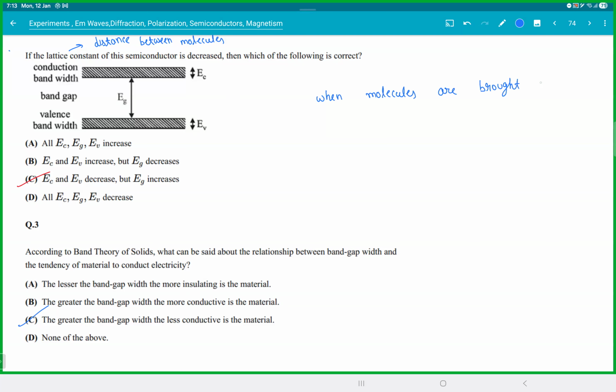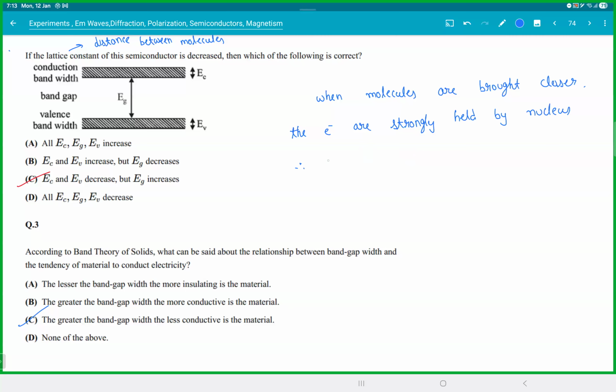That actually makes more sense. The molecules are brought closer. The electrons are strongly held by the molecule's nucleus. Basically, you are shrinking the orbits also. They're getting closer. Therefore, they're more difficult to escape.